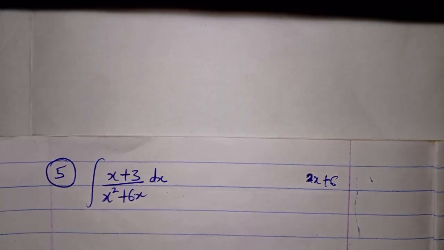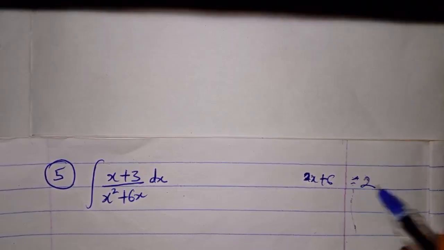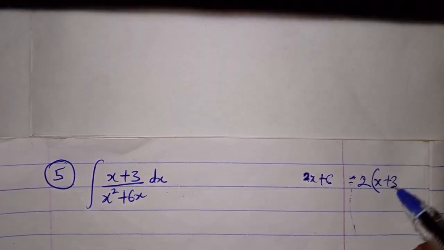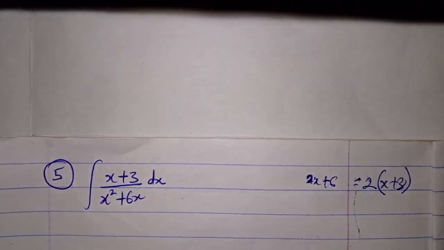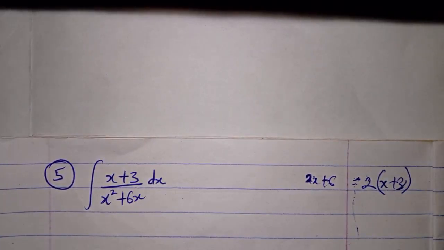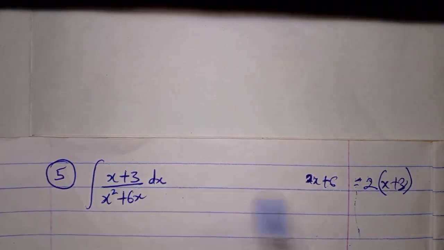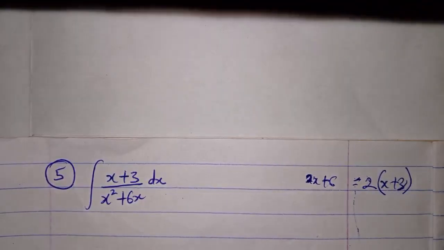So what do I mean by factor? If I bring 2 out from here, I'll have 2 in bracket x plus 3, right? So can you see that there is x plus 3 here and there is x plus 3 here as well? I'm not concerned about the 2 because 2 is a constant. So what I want to do is to make everything at this numerator 2 in bracket x plus 3.